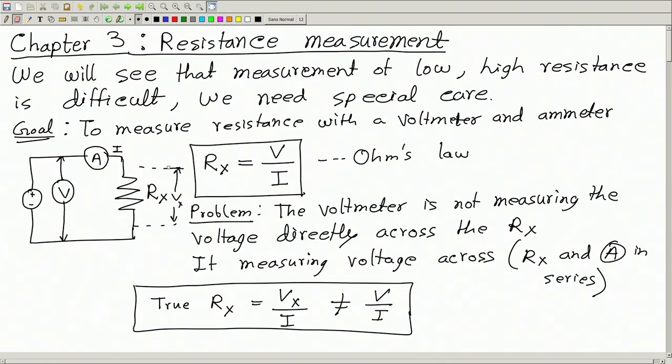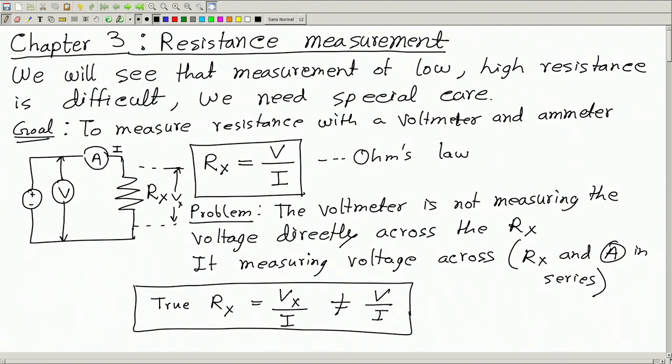The problem is due to the fact that the ammeter is placed before the voltmeter. So can we instead connect the ammeter, maybe here, so that the voltmeter is not affected by the voltage drop across the ammeter?